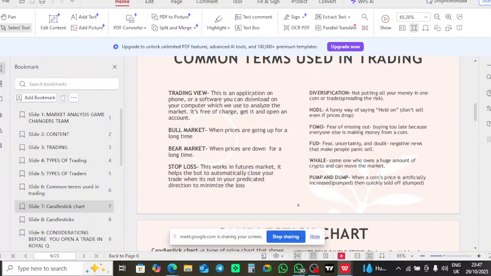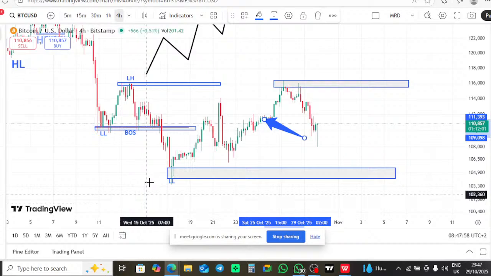But mainly, we normally talk about TradingView. TradingView is just an application that we use to do analysis. You can simply get it from the Play Store or Google Store. You get the point. It is just an application where we do our analysis from. Now it looks like this.